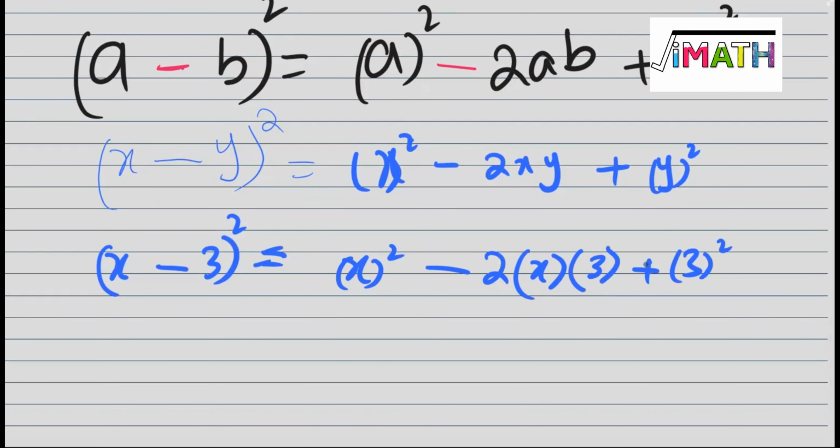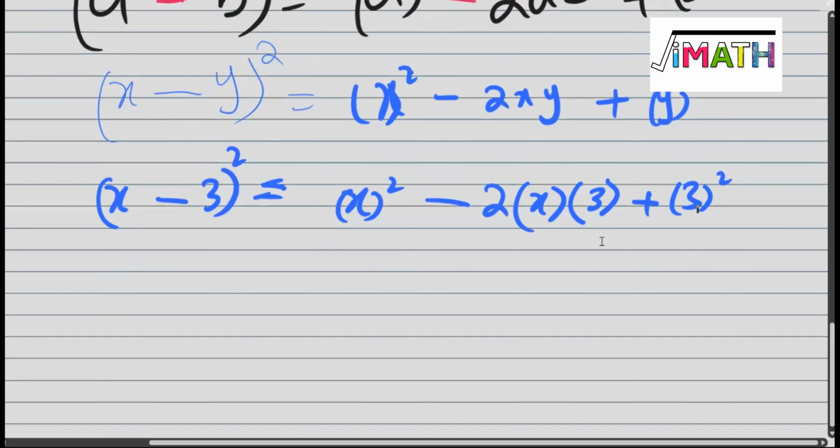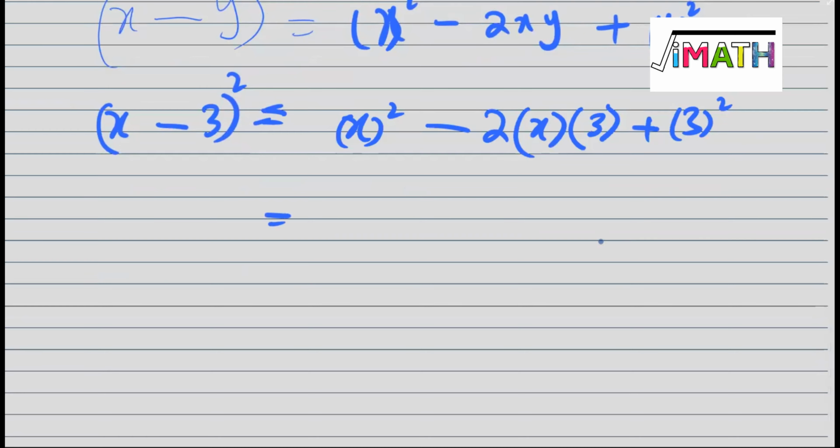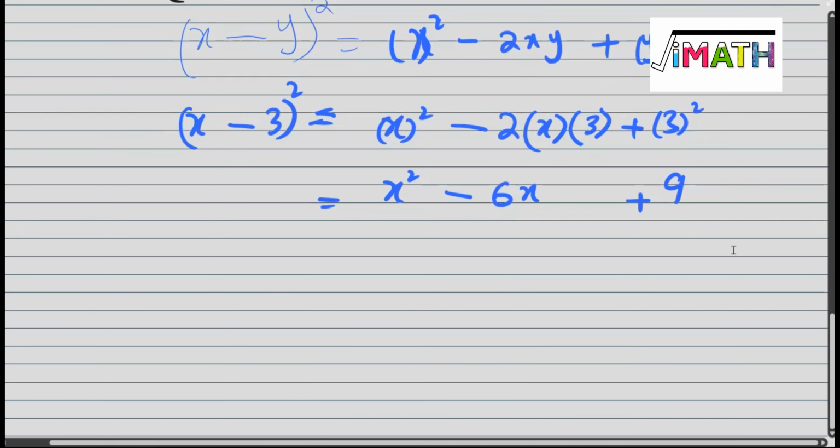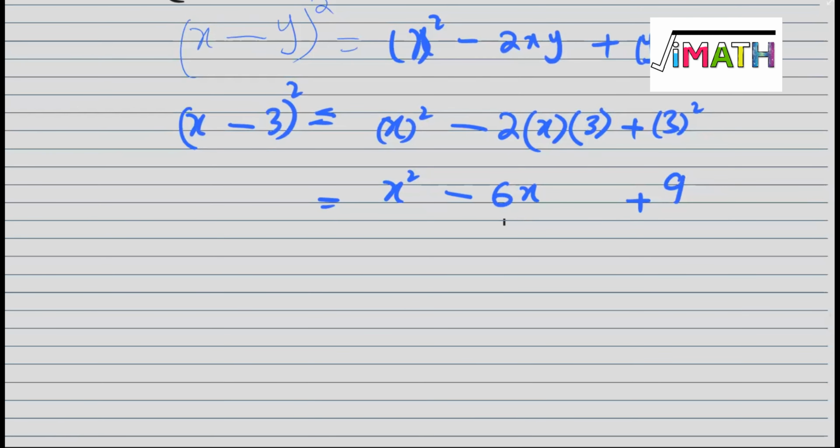Perfect. If you simplify that, you would have x squared, 3 squared is 9, and minus 6x. Perfect. So you are good with this formula?